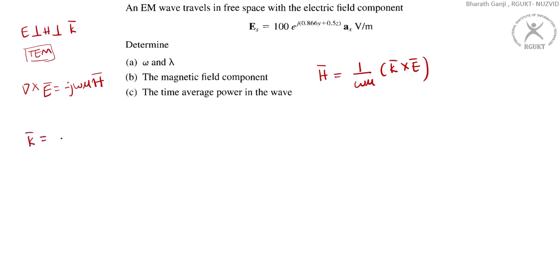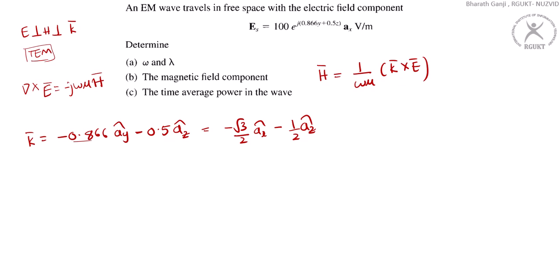It is 0.866 times ay cap minus 0.5 times of az cap. Conveniently, I'm writing it as minus root 3 by 2 times ay cap minus 1 by 2 az cap. So this is your k bar vector.